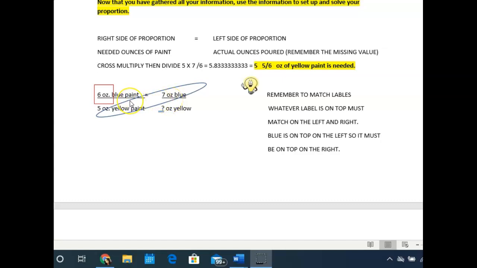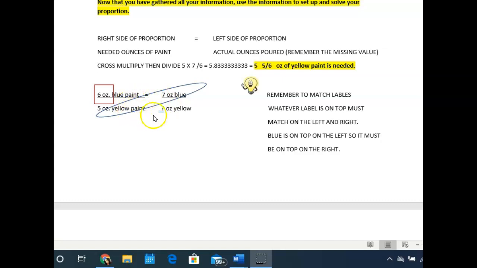So, in the beginning of the text, it gave you that the hue of green that she needed for her mixture was 6 ounces of blue paint and 5 ounces of yellow paint. That's right from the text. Because blue is on top on the left side, the label blue has to be on top of the right side, as well as yellow on the bottom on the left and yellow on the bottom on the right.